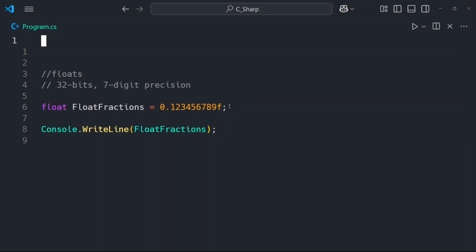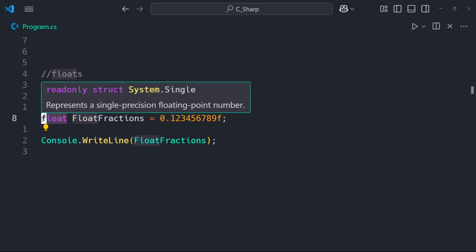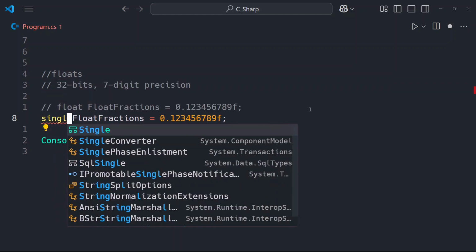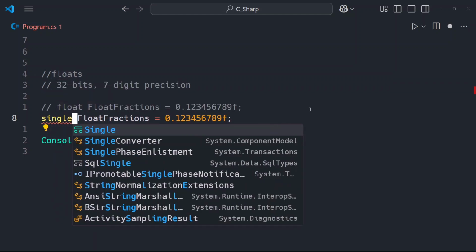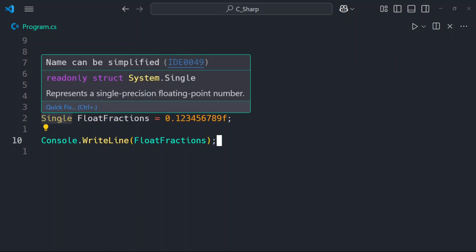Also, you can call floats single. Although it will blur it out a little.